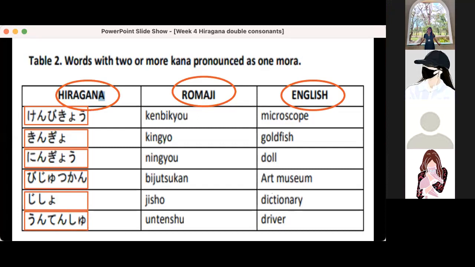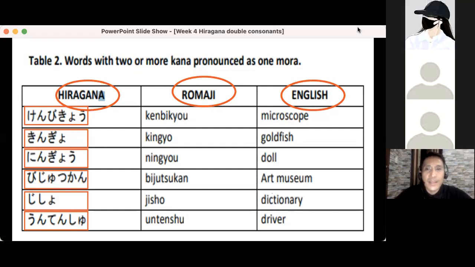Just one volunteer. Sige, James, please read. Okay, sige po. Go ahead, James. Let's try Nicole. Sige, Nicole. Okay. Kenbikyo, kingyo, ningyo, bijutsukan, jisho, untenshu. Okay.